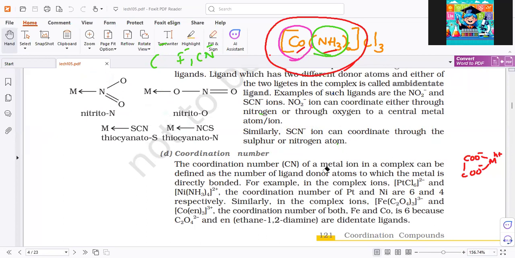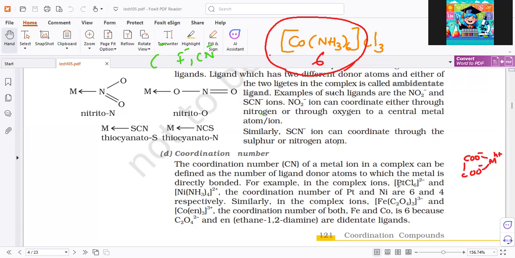So the definition is like this: the number of ligand donor atoms to which the metal is directly bonded. For example, here in our prototype, how many ligands are attached to the cobalt? 6. So here the coordination number of this cobalt ion will be 6.